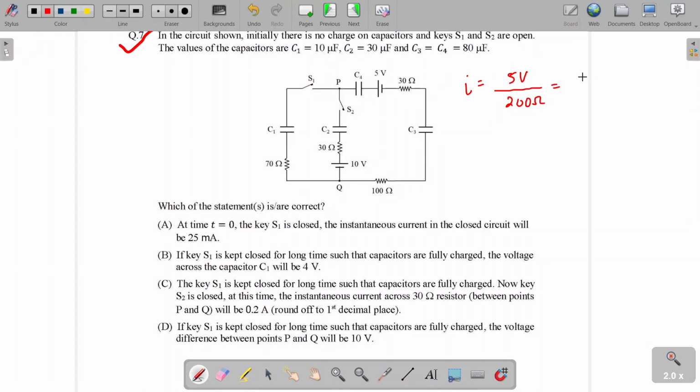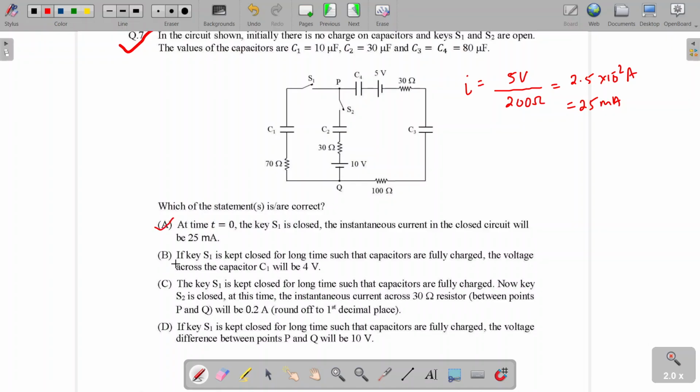So that is 5 upon 200, which would be 2.5 into 10 to the power minus 2 amperes, or 25 milliamperes. So option A we are getting right.